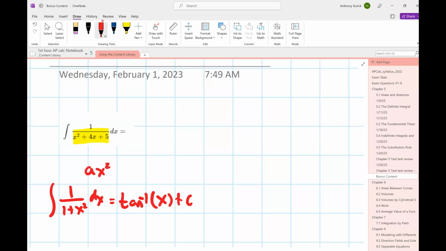How do we take something that looks like this and rewrite it so that it looks something like this? What was the process that we used to do that? It is completing the square. That's correct. Good memory. All right, who remembers how to do completing the square?